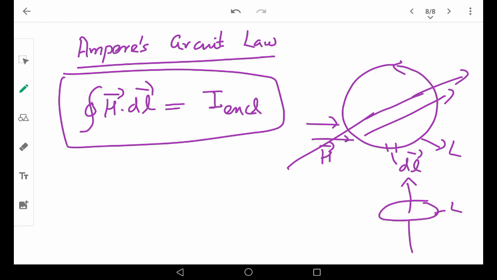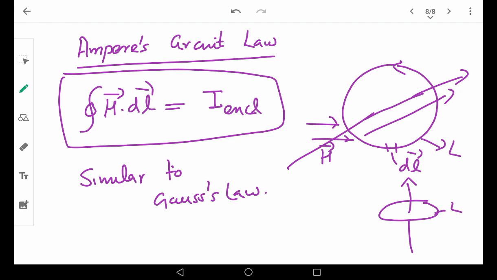This is similar to the Gauss law that you have studied earlier in electrostatics, where instead of the current you have the charge, and the flux density is integrated over the surface which encloses that particular charge or charge distribution, whatever it is.